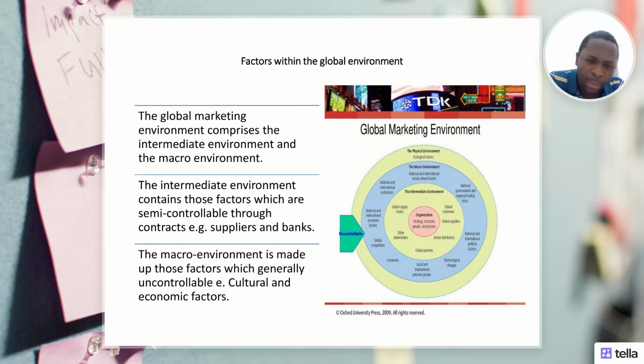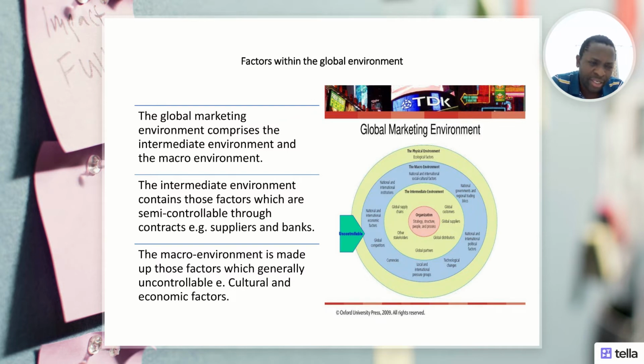So the global marketing environment comprises the intermediate environment and the macro environment. The intermediate environment contains those factors that are semi-controlled through contracts, suppliers, banks, etc. These are variables which an organization is in a position to control or to influence, if we may put it like that.